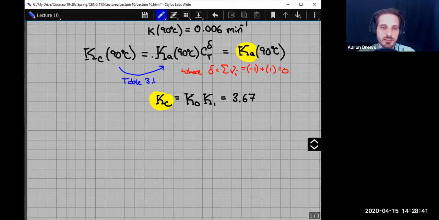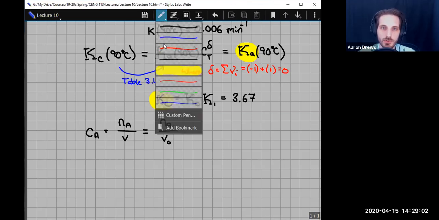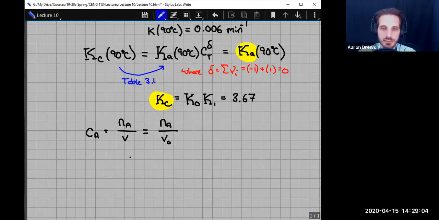Right, so the last thing that we need then are CA and CB. And we need them, again, either as numbers or we need them as functions. So C sub A is defined as N sub A over V. That's lowercase v for the outlet volumetric flow rate, but because it's a liquid, we can write N sub A over V0, right? Until we get later into next week, this equality going from V to V0 is for liquids.